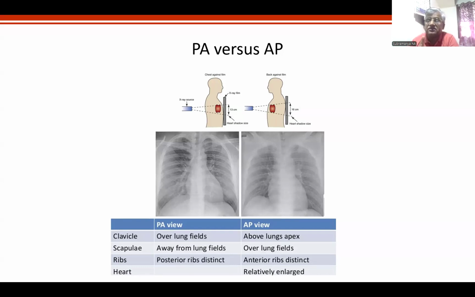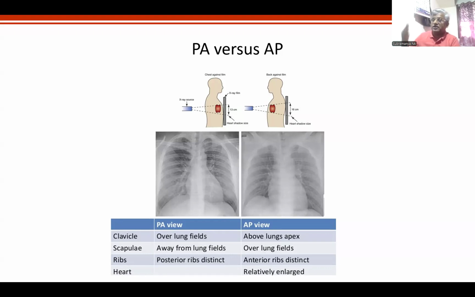So therefore, it means that whenever you take a PA film, you will see every structure in perfect anatomical size and position. Whereas in an AP, it is like you are very close. If I want to give you the best example, AP is like a selfie.